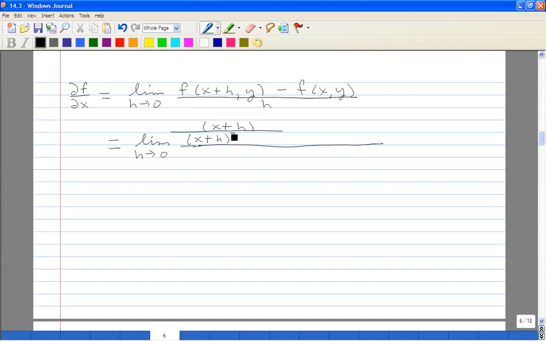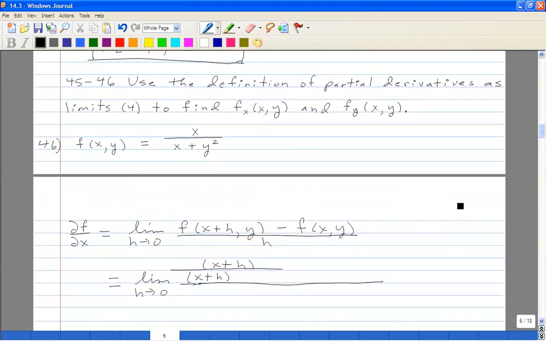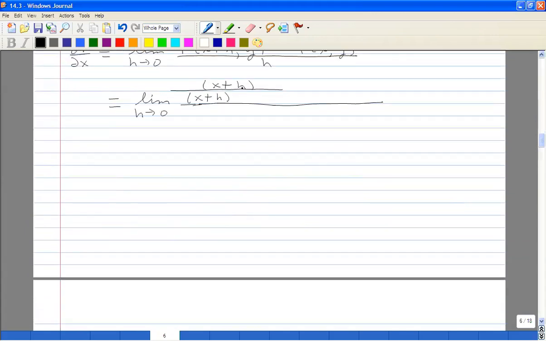Oh, this is just x over y squared. And so keep that. Okay. Minus x over x plus y squared, all over h.